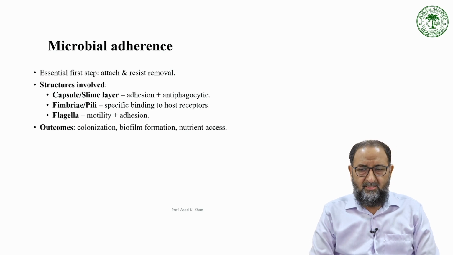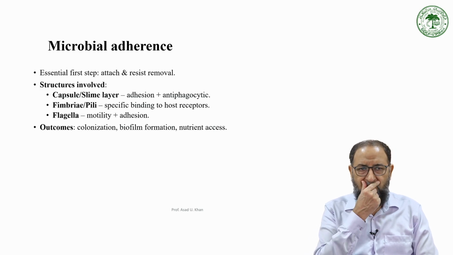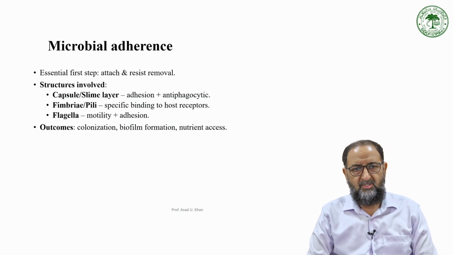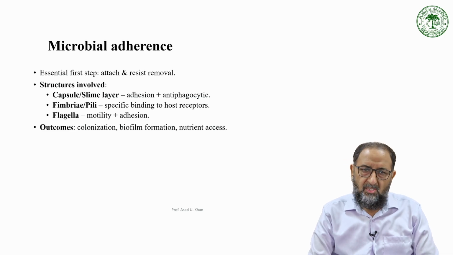Microbial adherence is basically the first step of infection, as per Koch's postulate, where the bacteria enter the host system. Before it enters, it needs to adhere. There are certain things which help it enter, for example structures like a capsule and slime layers.